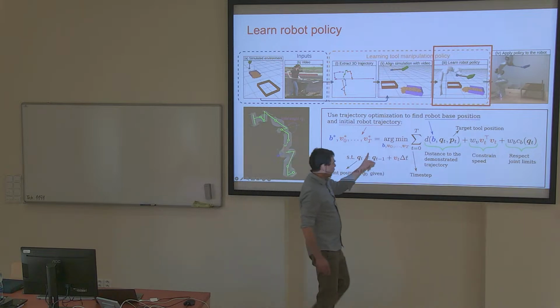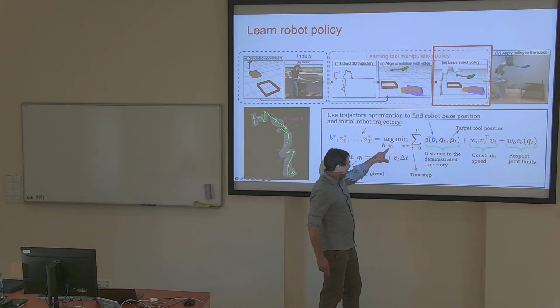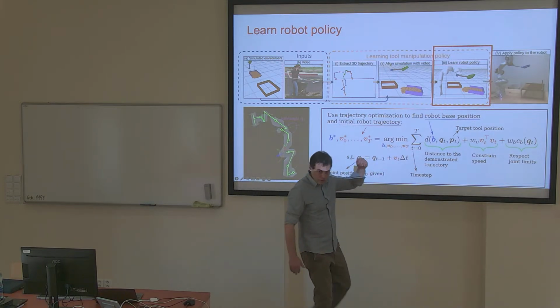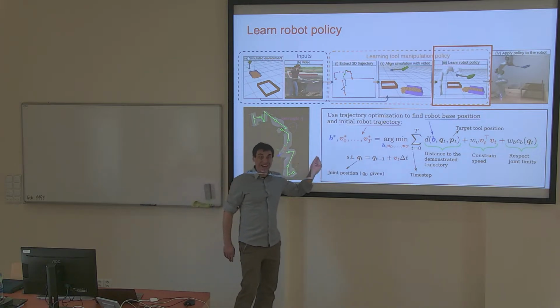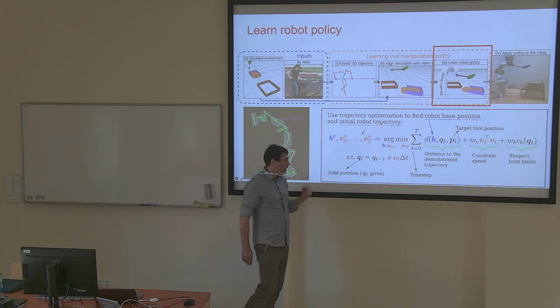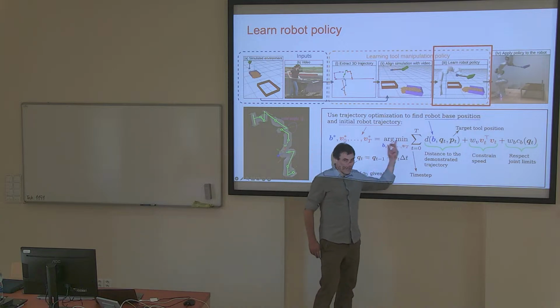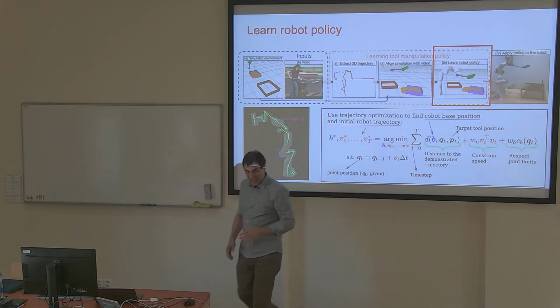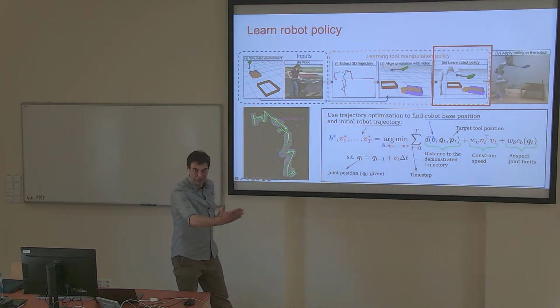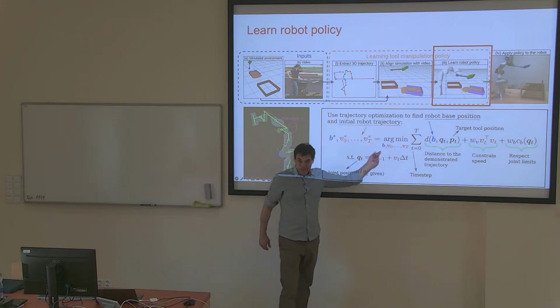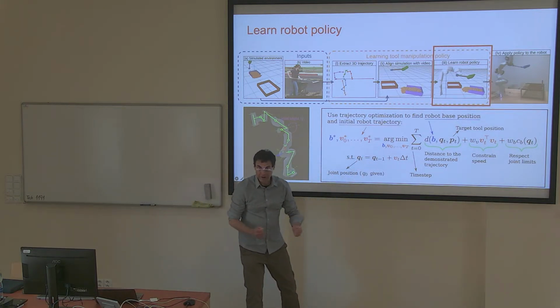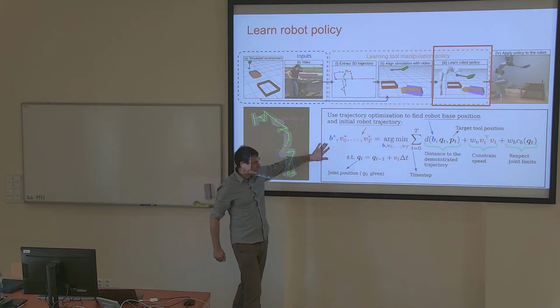And what you optimize over is V, a vector of velocities. So we have 7 joints, a vector of 7 velocities at a particular time instance. So here I'm optimizing over the velocities of the robot at all the time instances. And the position of the robot base. I also want to place the robot somewhere in the environment. So this is what I optimize over.